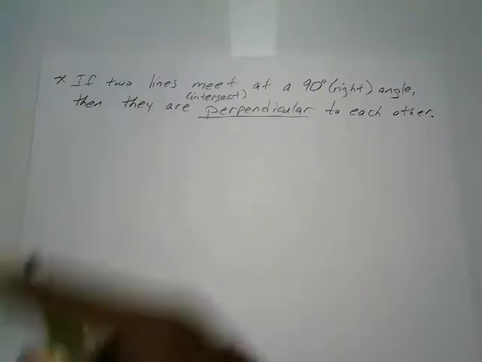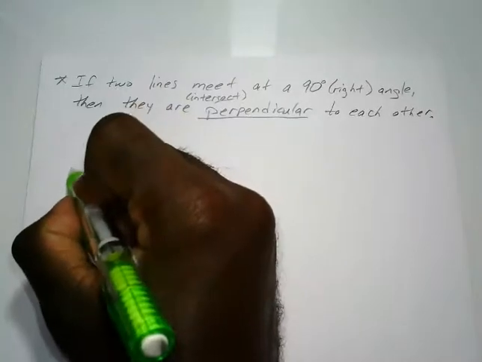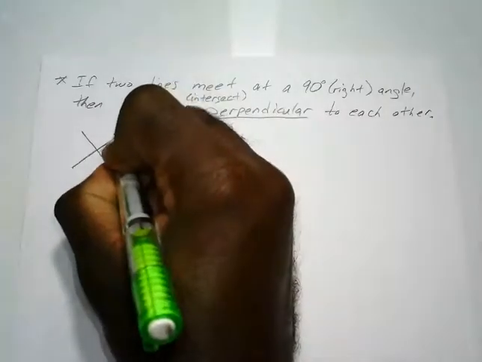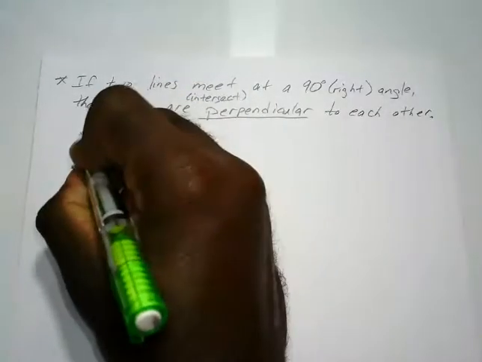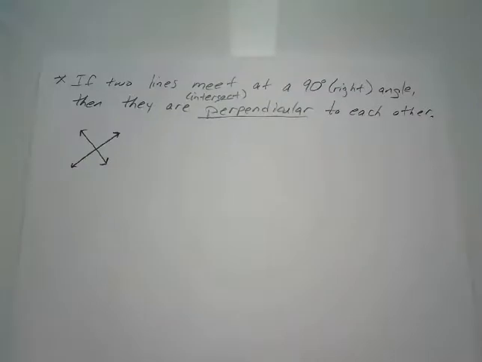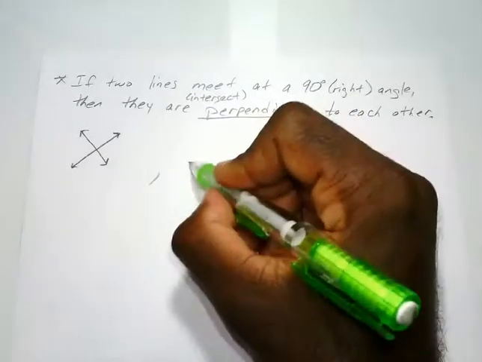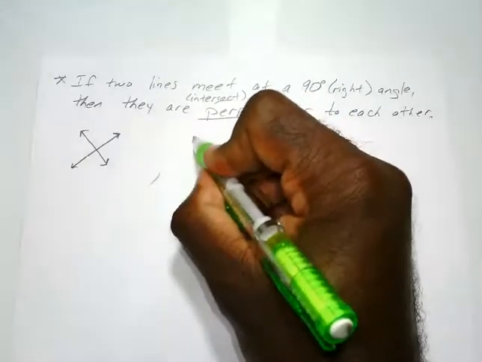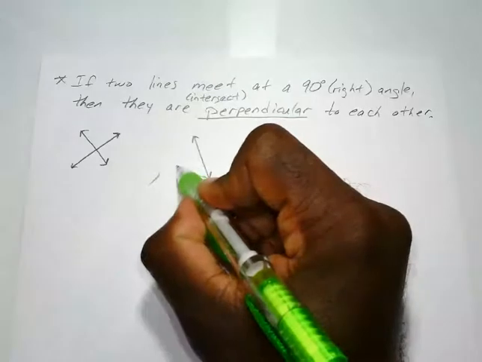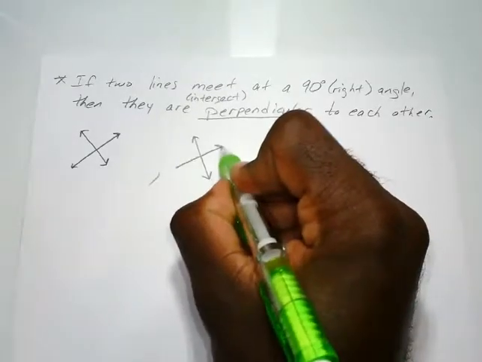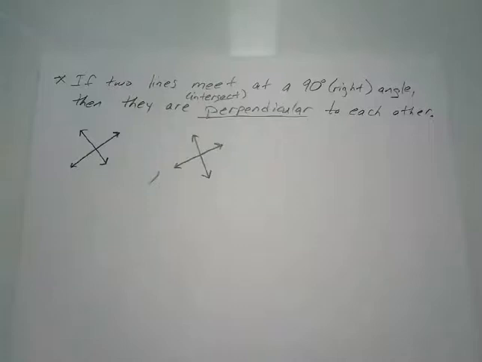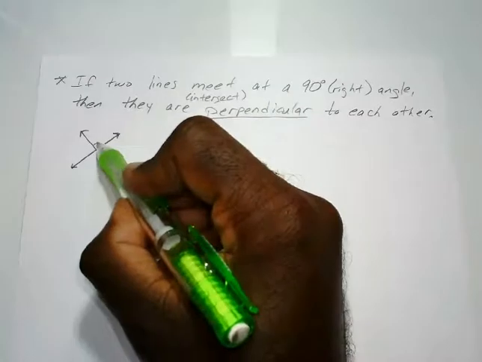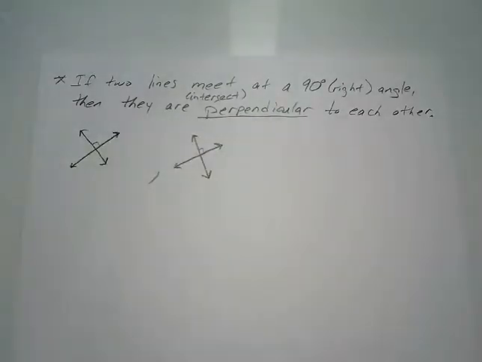So what that means is if you have two lines and if they meet like this, okay, these two are perpendicular. Let's say you have line 1 here and line 2 there, they're perpendicular. If they meet and have a perfect L right there, or a right angle, they're perpendicular.